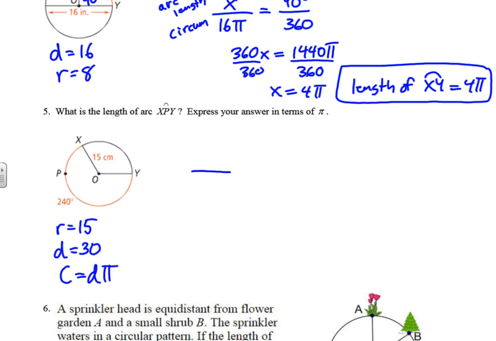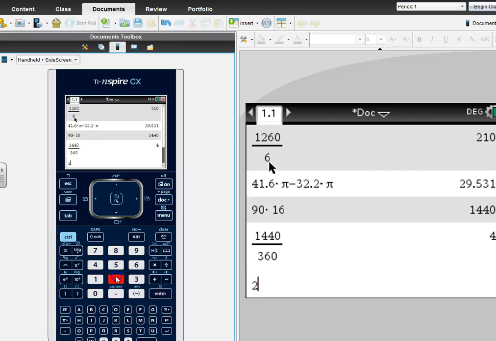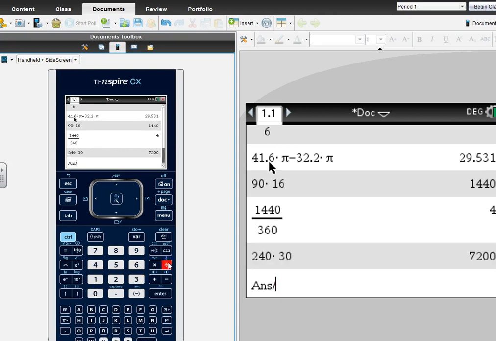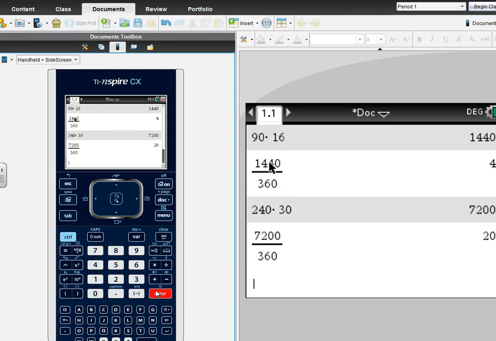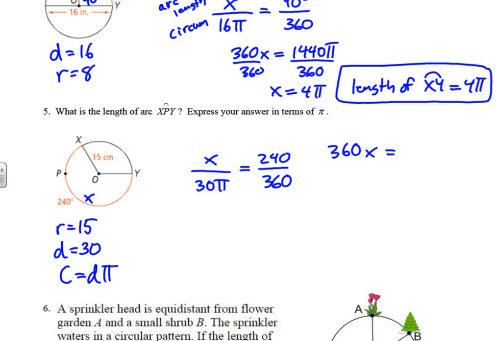So the arc length, I'm going to call this x again, we're trying to find, divided by the circumference, which would be 30 pi, is 240 over 360. So we cross multiply, 360x equals 240 times 30.